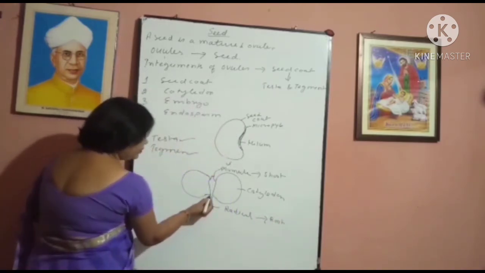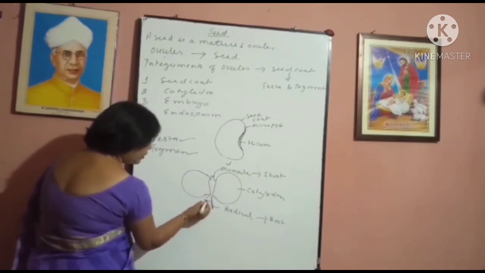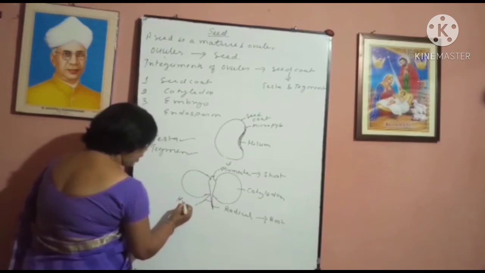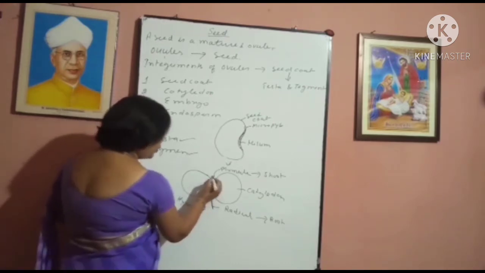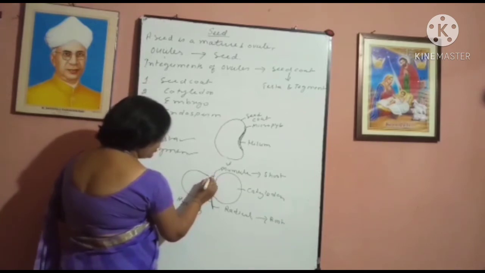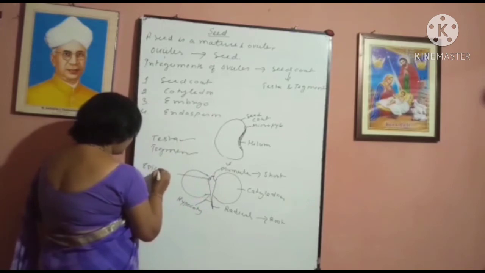The part between the cotyledon and radicle is called hypocotyl, and the part between the cotyledon and plumule is called epicotyl.